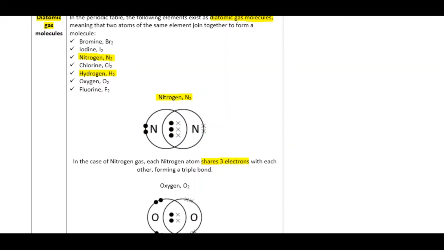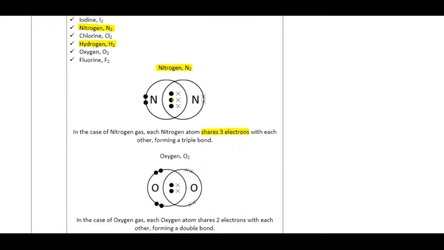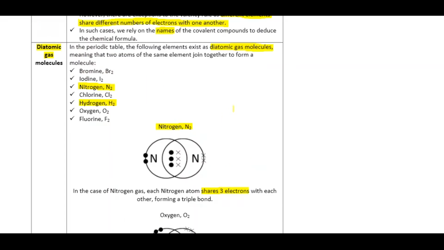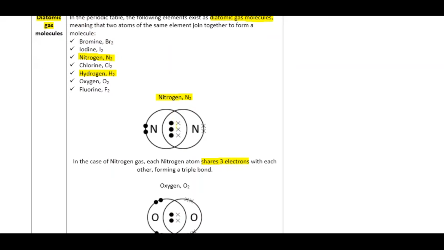So this nitrogen atom has 5 electrons represented by the 5 black dots, and this other nitrogen atom also has 5 valence electrons, represented by the 5 crosses, and each one of them will share an equal number of electrons, in this case 3 electrons, with one another.